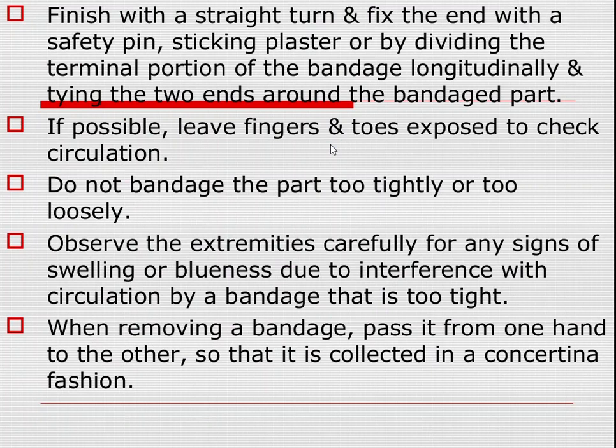After applying the bandage, we have to observe the extremities to see whether circulation is proper or not. Signs include swelling and discoloration, which are due to improper circulation and oxygen if we applied too tight a bandage.